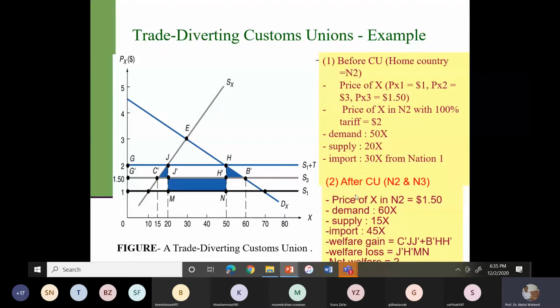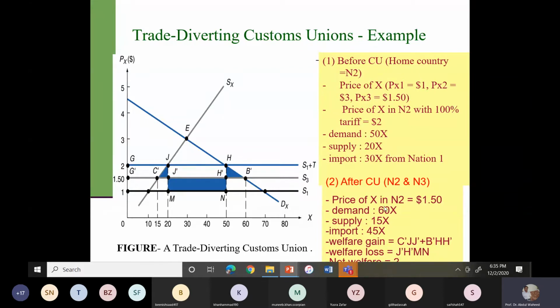But now there is a formation of custom union of this nation 2 with nation 3, which is a high cost provider. So this means तो नेशन 3 की जो विदाउट टैरिफ प्राइस है वो ये है $1.5.